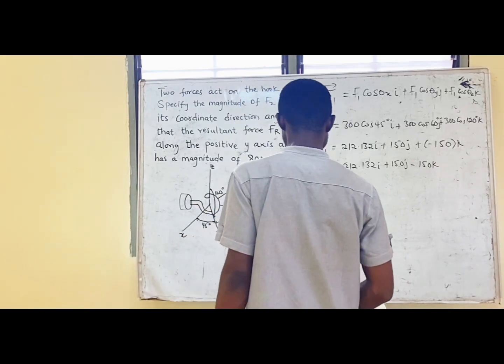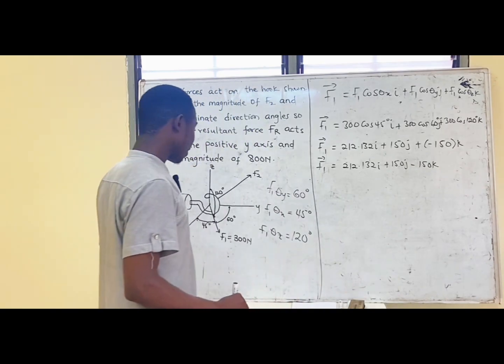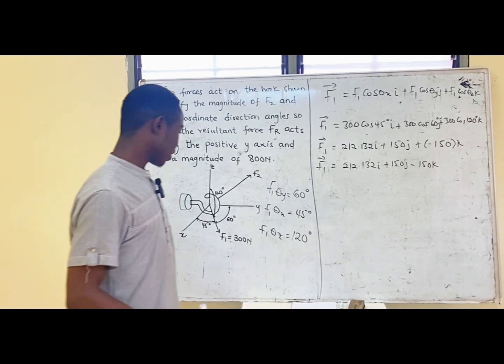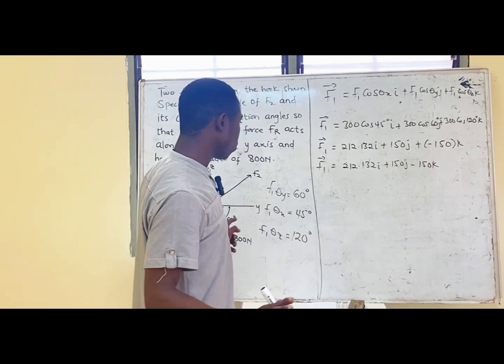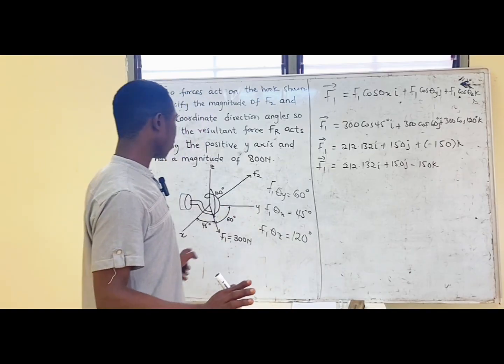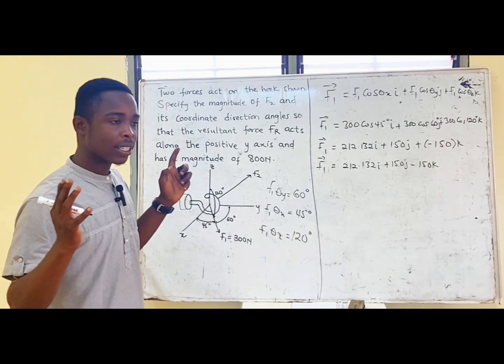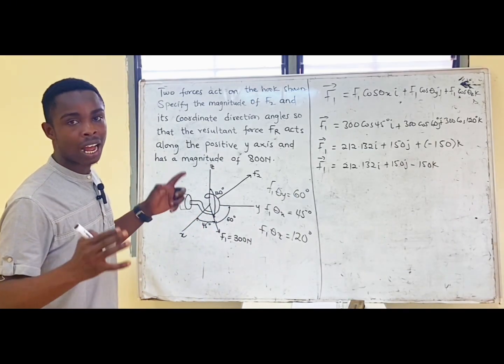Very good. Now, we have to also represent our F2 in a Cartesian vector form. But here lies the case: the magnitude of F2 is not known, and the directional cosines or coordinate directions are not known.